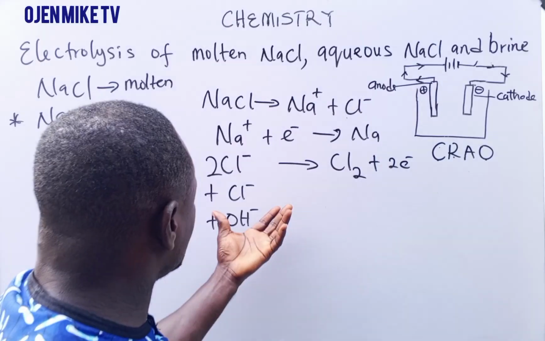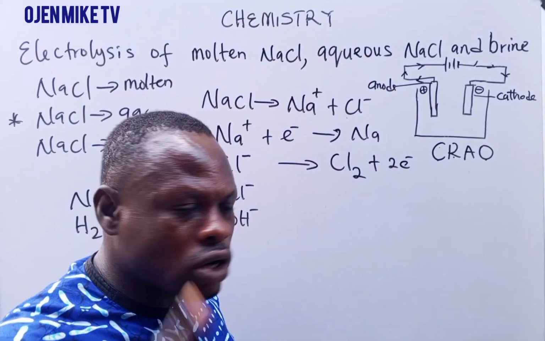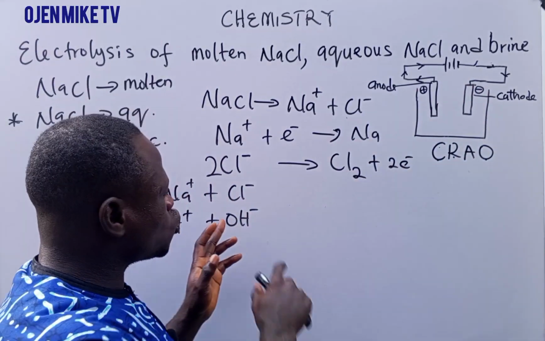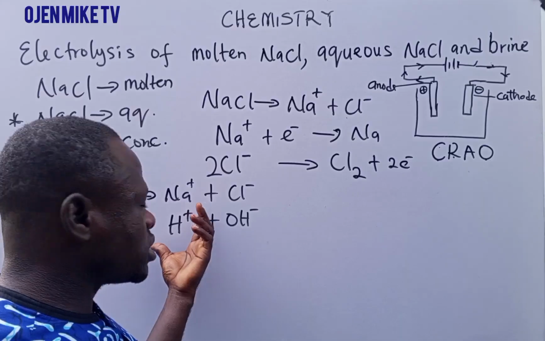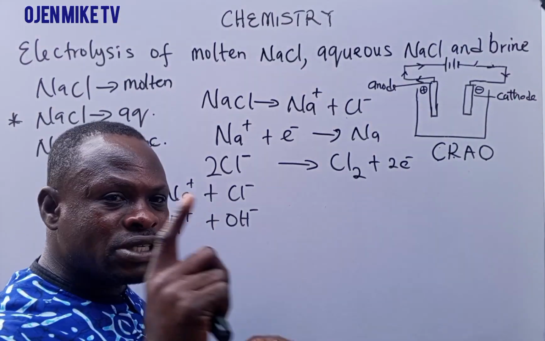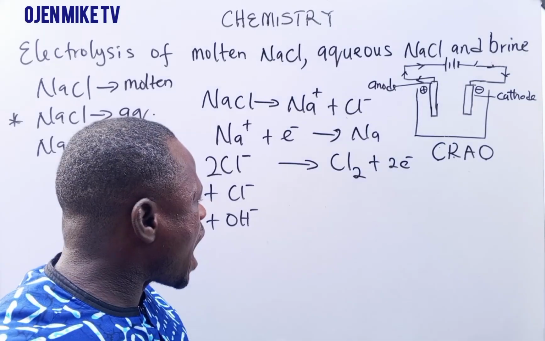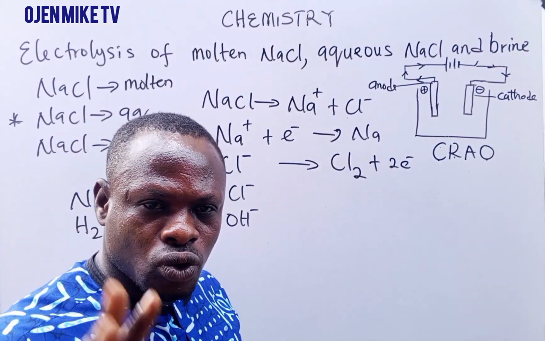And when ions are formed like this, only one will migrate. There are two negative charges here and two positive charges. One must be selected. And it depends.